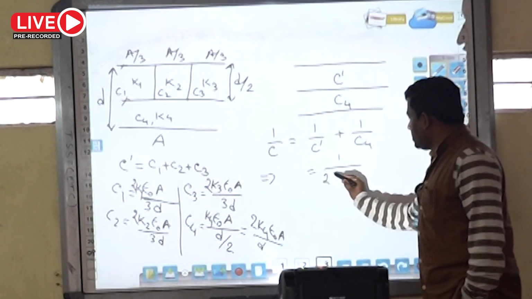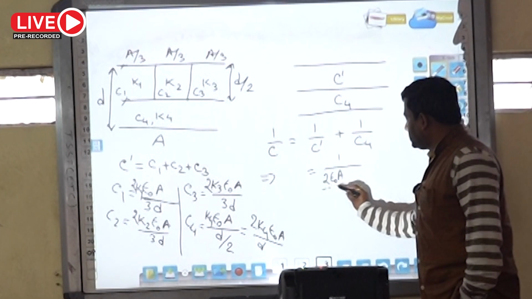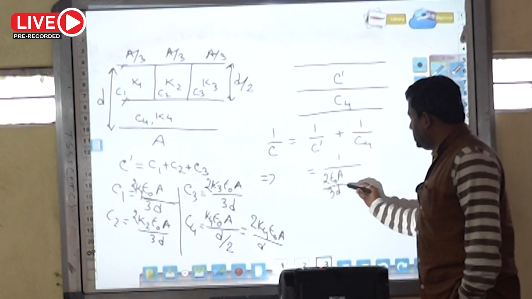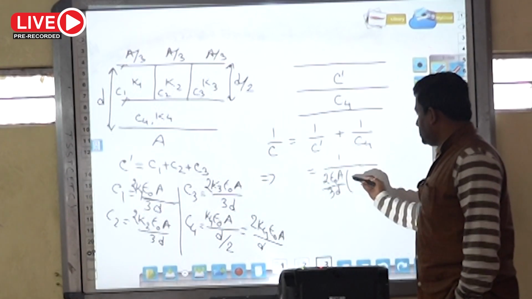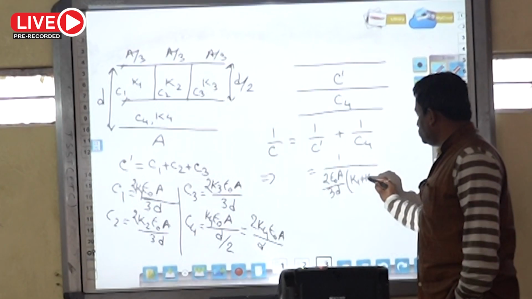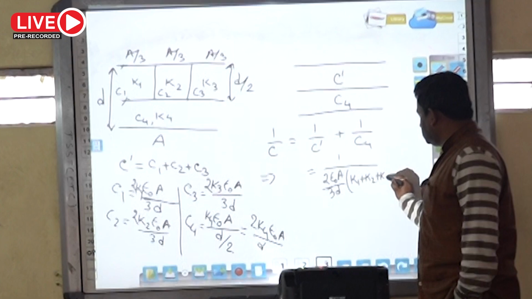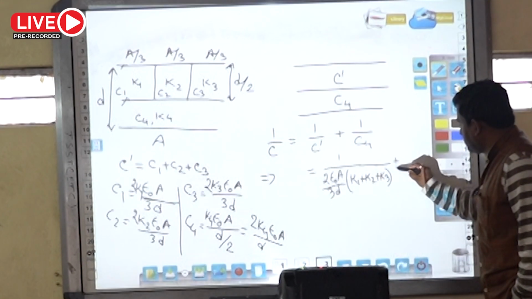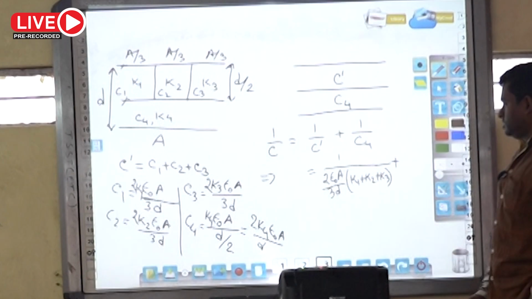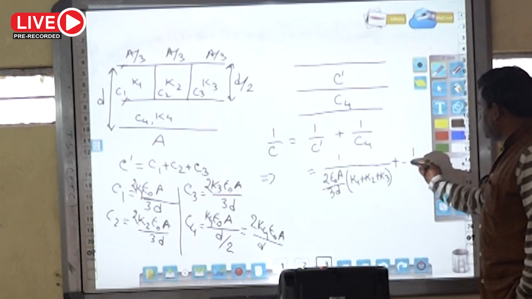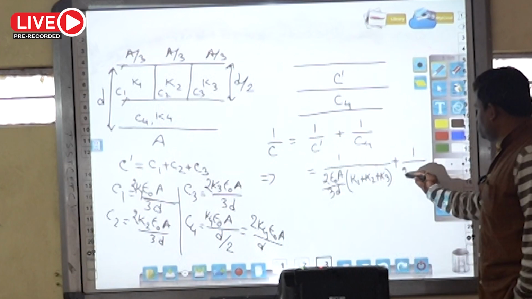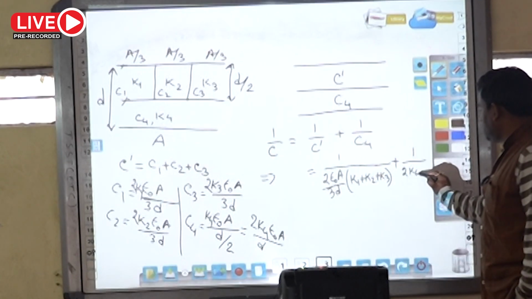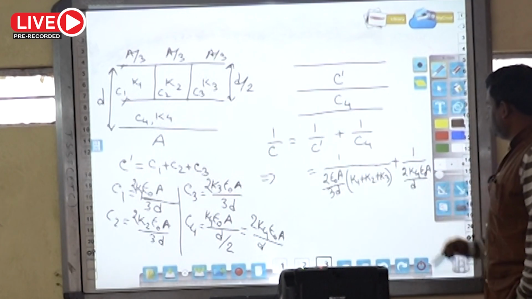So I can take 2 epsilon naught A by 3d entire common into K1 plus K2 plus K3, plus 1 by C4. So 1 divided by C4. C4 is 2 K4 epsilon naught A by d.